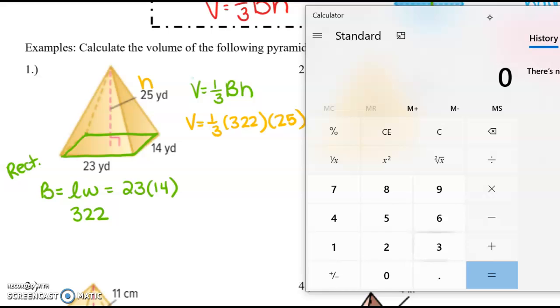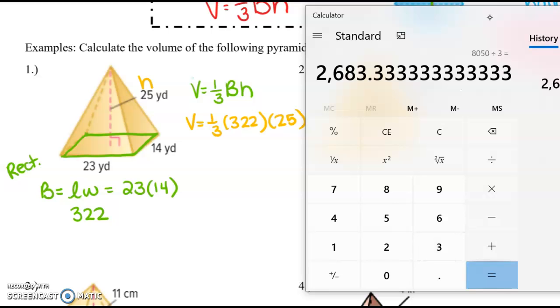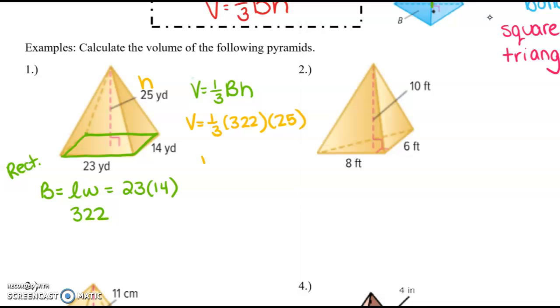I'm going to multiply 322 times 25 and then divide by 3. That's the same thing as multiplying by 1/3. That gives me 2,683.3 repeating.